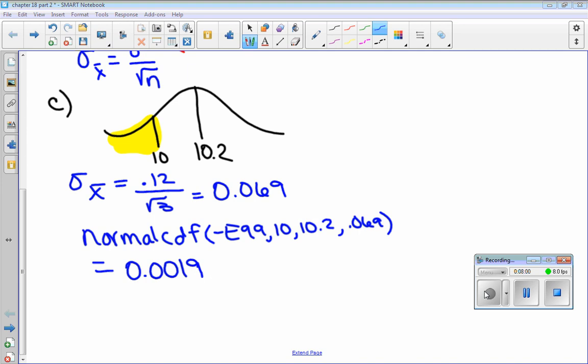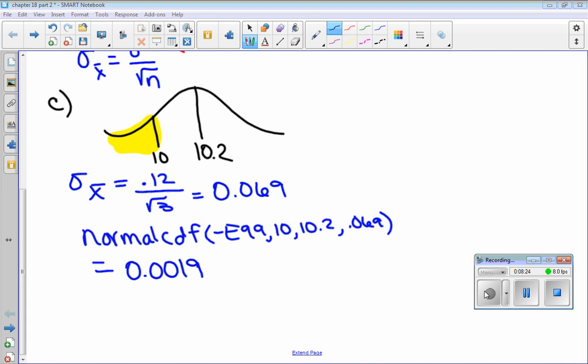Okay, part D. So part D says, what's the probability that the mean weight, okay, so now we're, again, talking about the mean weight, still CLT, but what's now changed is part D says we have a 24 bag case of potatoes. You know how you get the Costco bag of chips, and then you have your little 3-pack? So now our sample size is no longer 3, but 24.